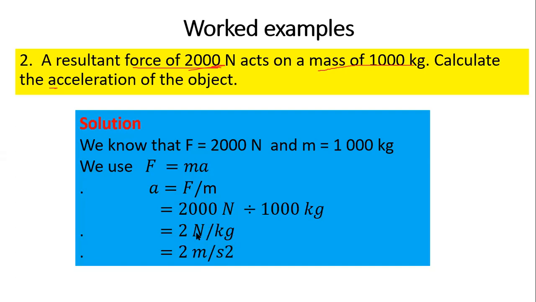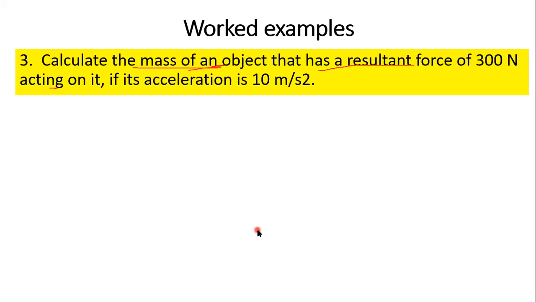Because we're looking for acceleration, we will have our answer as 2 meters per second squared. So if we have a mass of 1000 kg and we apply a force of 2000 newtons, the acceleration shall be 2 meters per second squared.